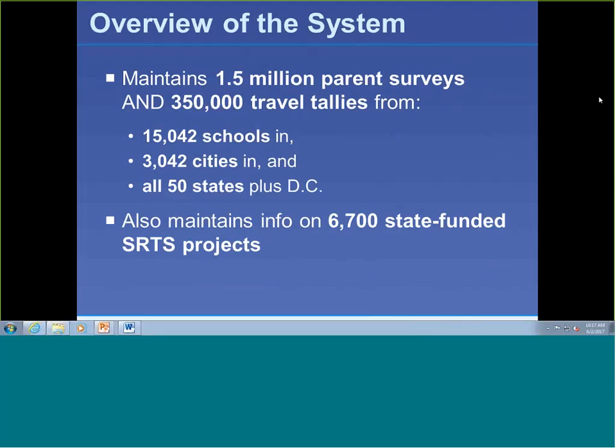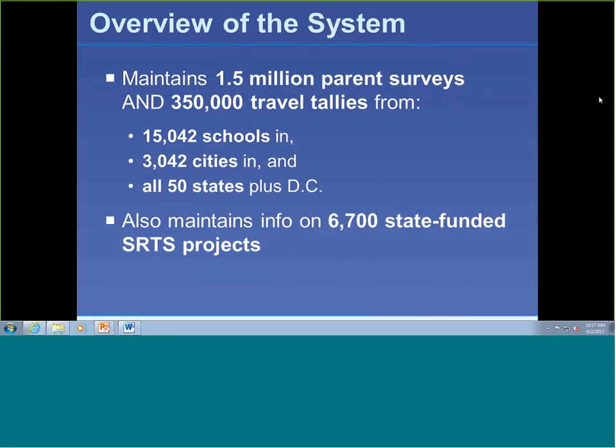So the system, as of actually last week, maintains 1.5 million parent surveys and 350,000 travel tallies. And travel tallies are at the classroom level, so that's essentially information from 350,000 classrooms.